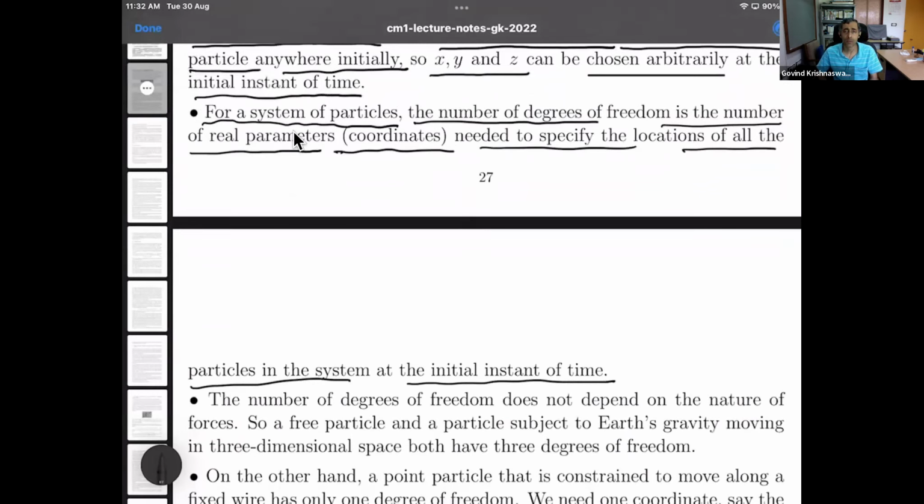So you pick an instant of time, and you need several real numbers to specify the locations of all the particles. The number of coordinates needed is called the number of degrees of freedom. So please tell me, suppose you have 2 particles moving in this room or in your room, how many degrees of freedom does that system possess?